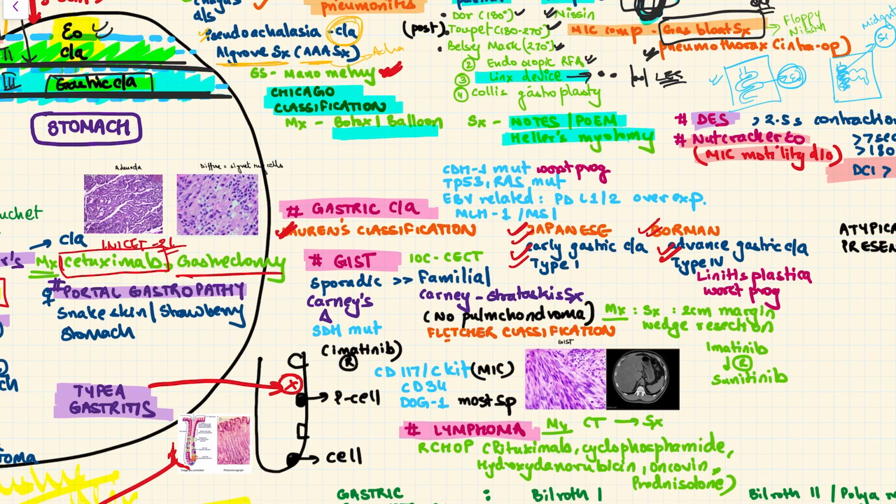And in advanced, we can see linitis plastica, that is nothing but a leather bottle appearance of a stomach, because there is so much fibrosis, right, that the stomach shrinks and is shriveled up, and it looks like a leather bottle, and it has the worst prognosis, right?